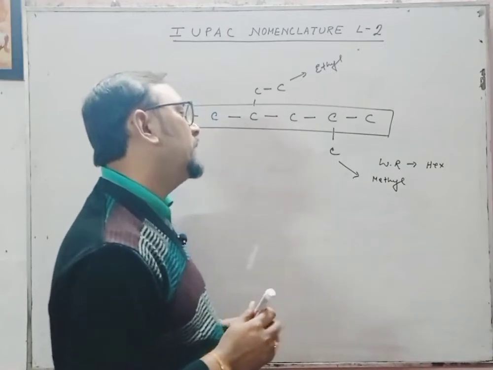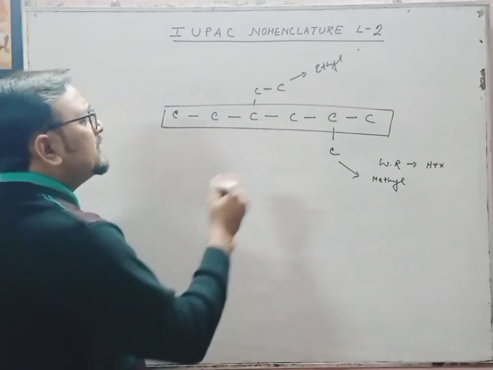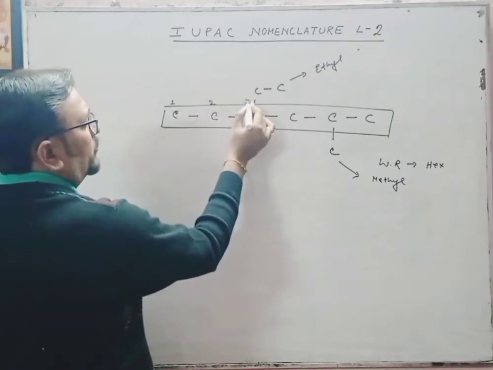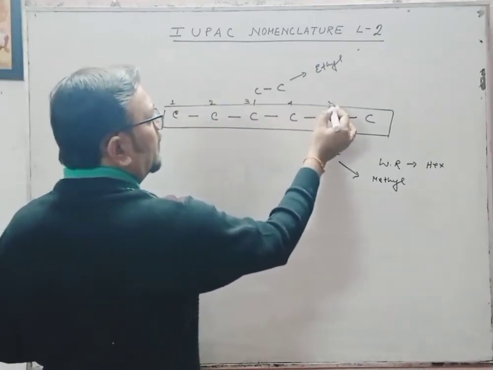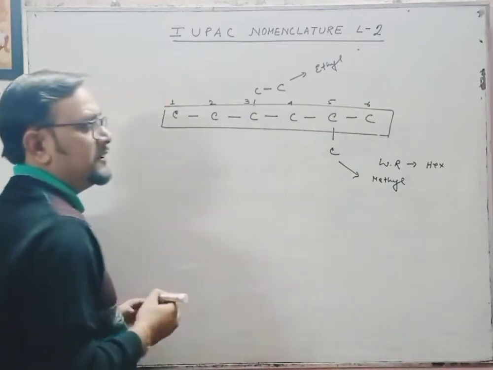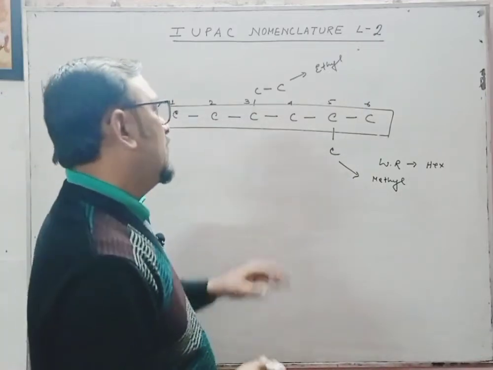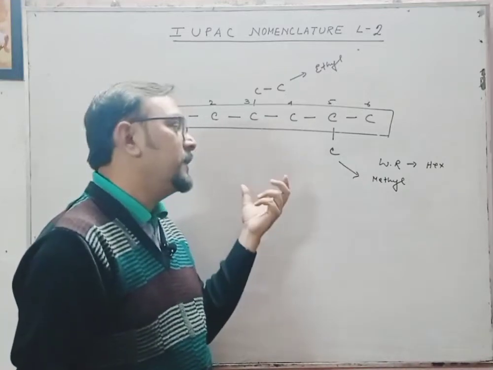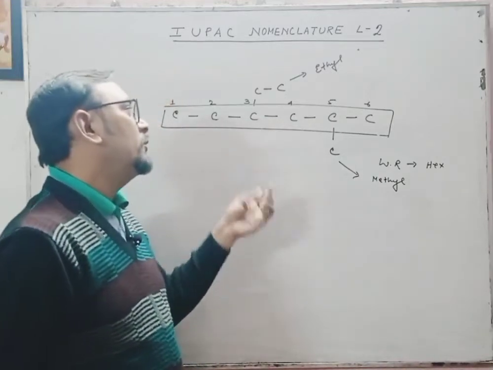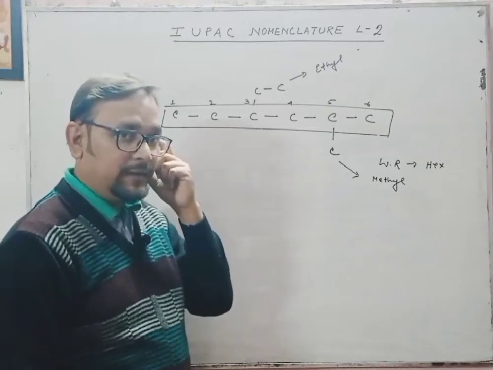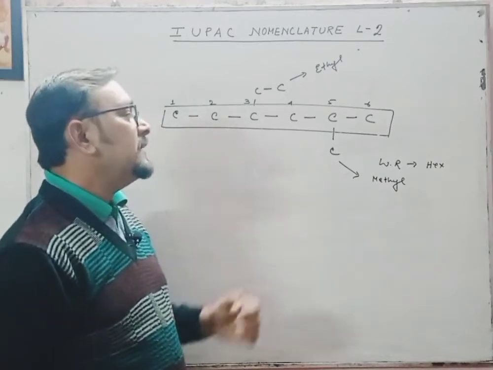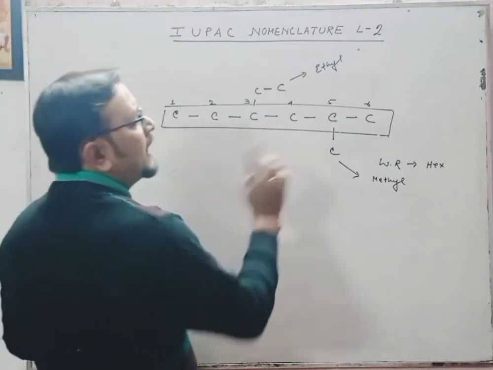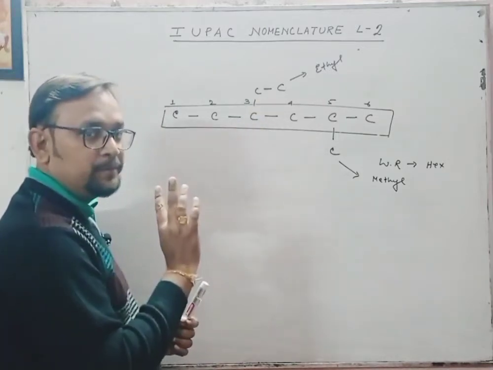Now what about the numbering? How to do numbering in this case? If I start from this side, 1, 2, 3, 4, 5 and 6, let us see what happened here. In the previous example we have given priority to the alphabetical order. But in this case the substituents are having different locants.